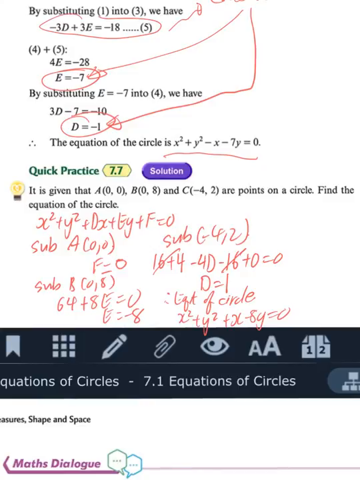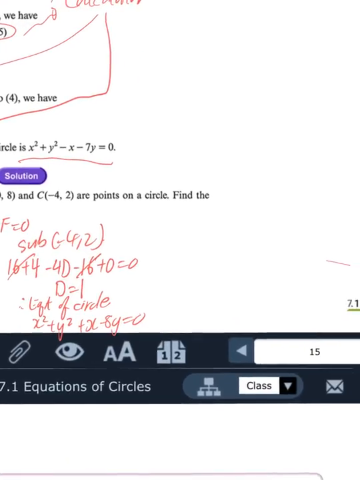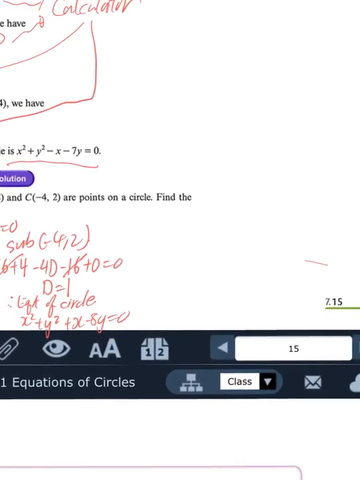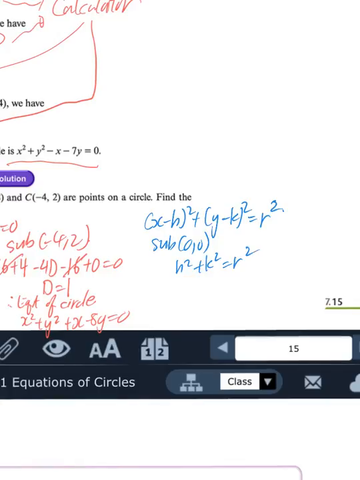You may get the same result if you let the equation of the circle be in standard form, but I do not prefer you to do so, but I still show it to you. You will get the same result. Let's see. If you put (0, 0), you will get h squared plus k squared equal to r squared.